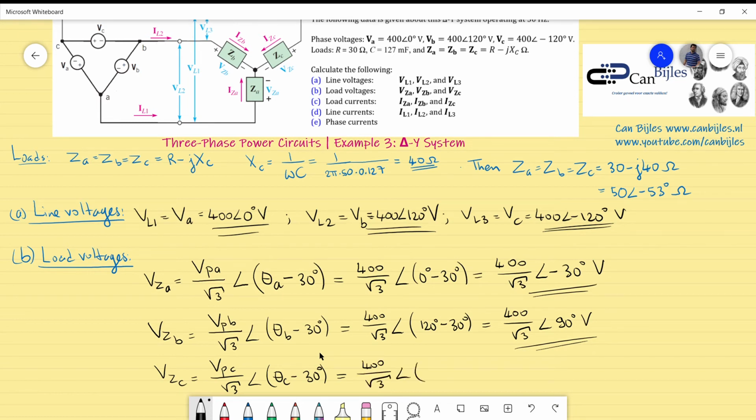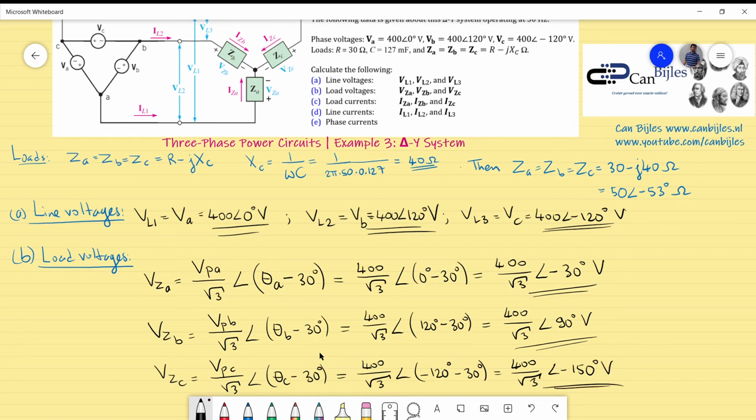The theta of C was minus 120, so minus 120 minus 30 degrees, which will result in 400 divided by square root of 3 phase of minus 150 in volts.